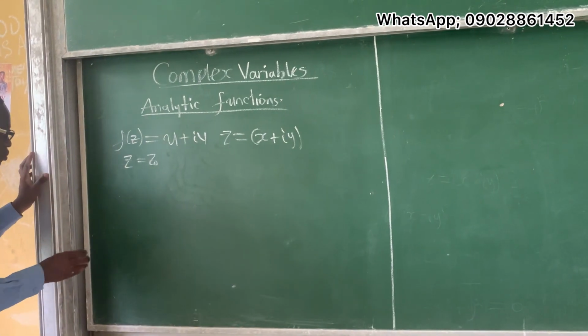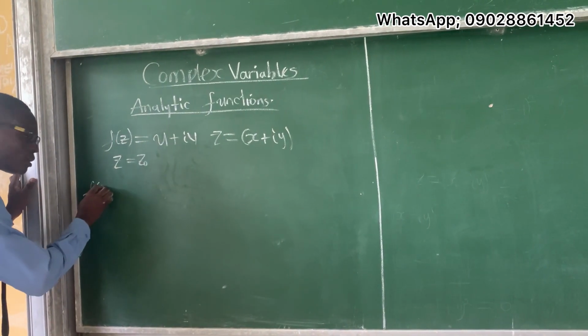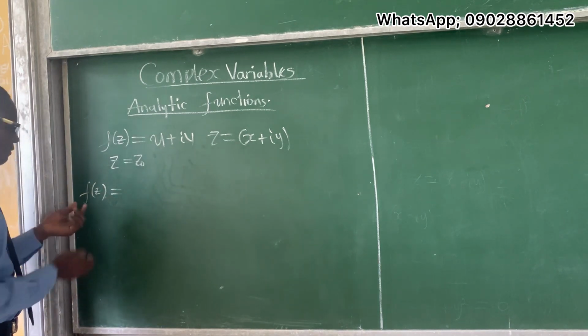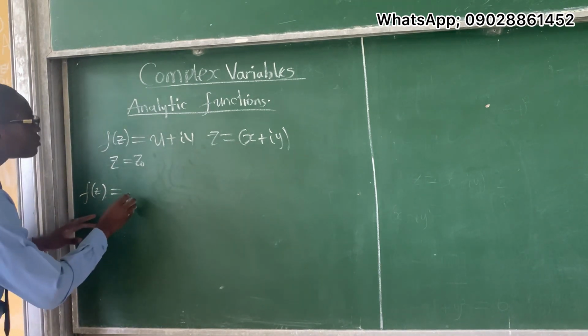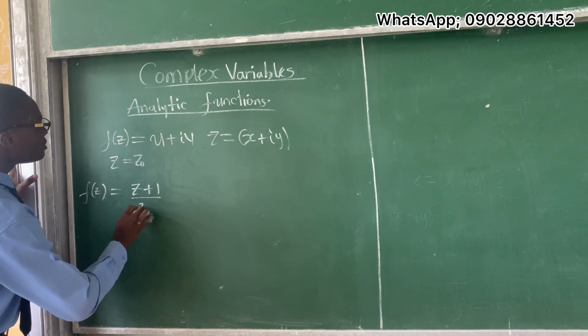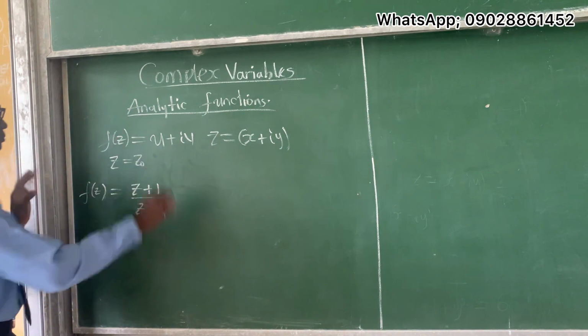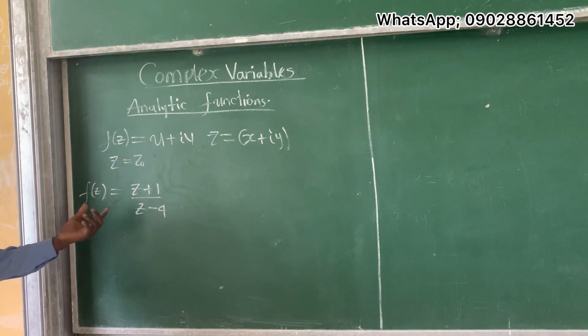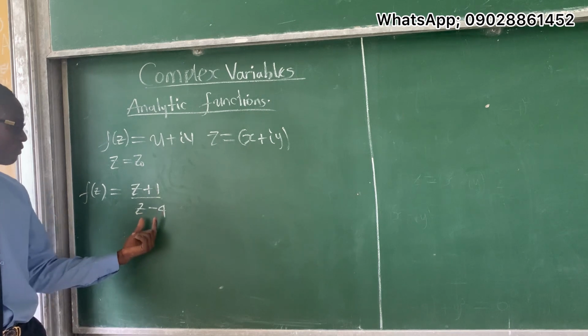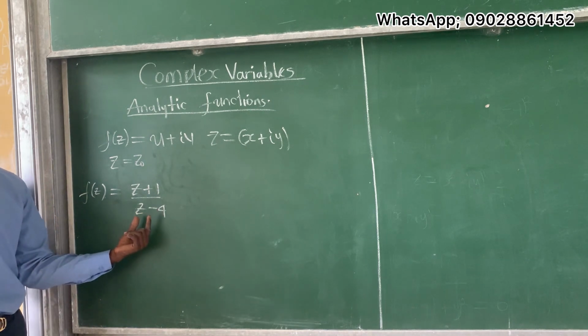Now, suppose we have f of z equals z plus 1 over z minus 4. We have this function. First, before we check for the analyticity of this function, let's first of all find the derivative of this function.